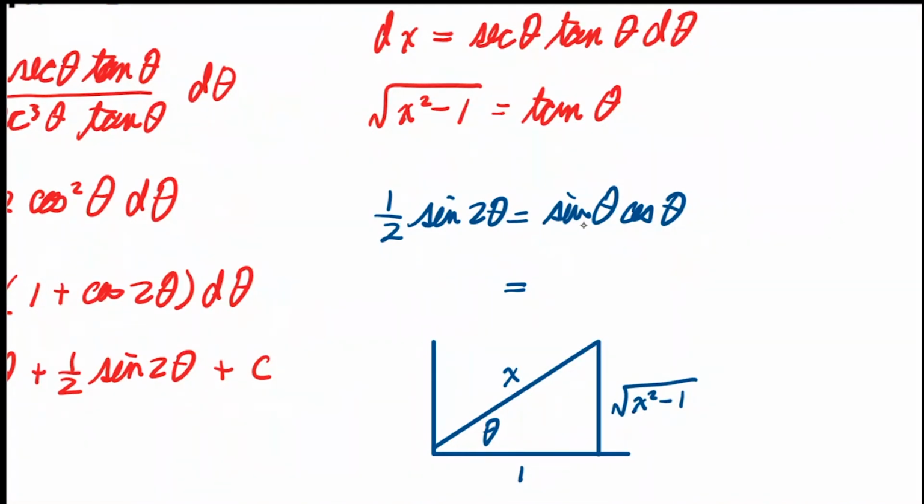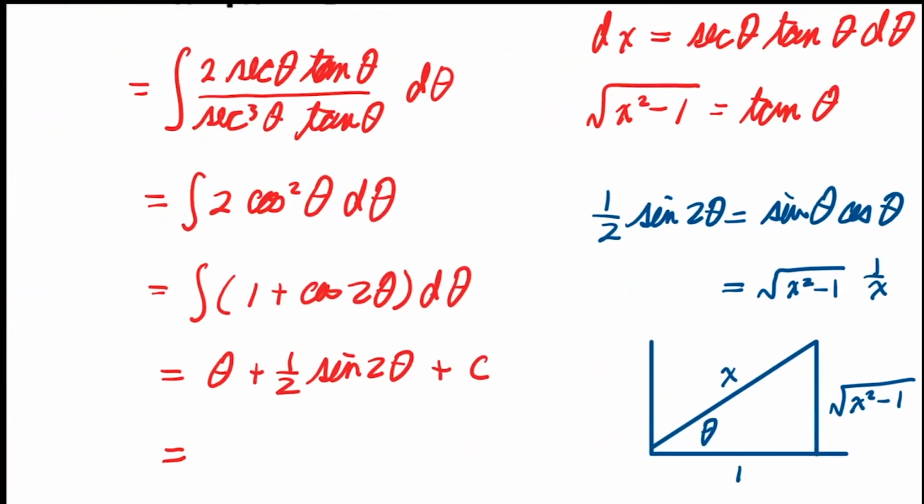So I need sine theta, which is this thingy over this thingy, so that's square root x squared minus 1. And cosine theta, of course, is this thingy over that thingy. So we need 1 over x. You get it? Okay. Come back here.